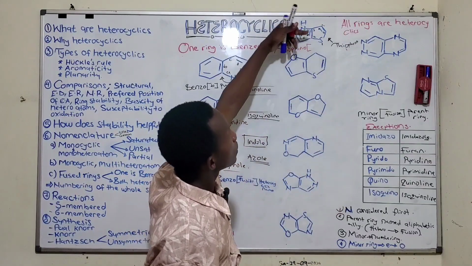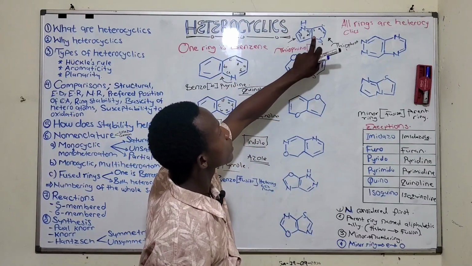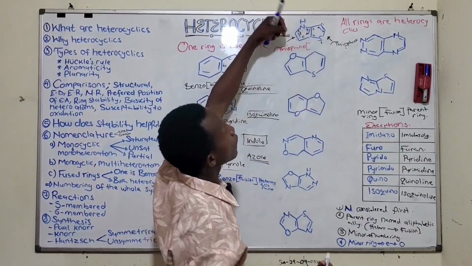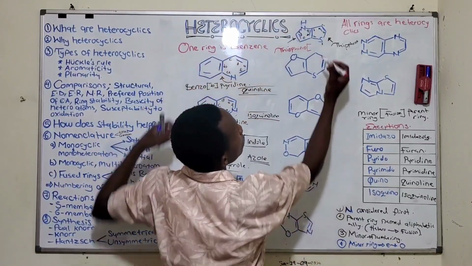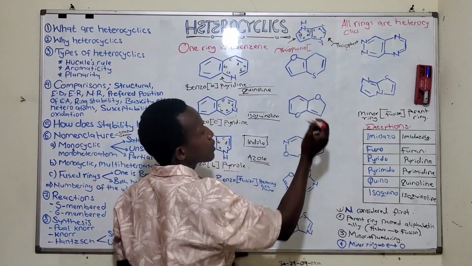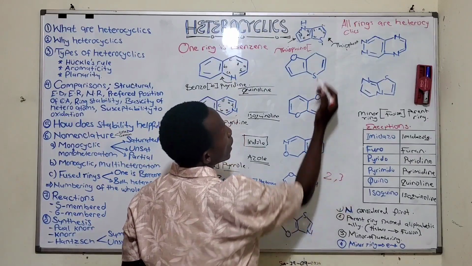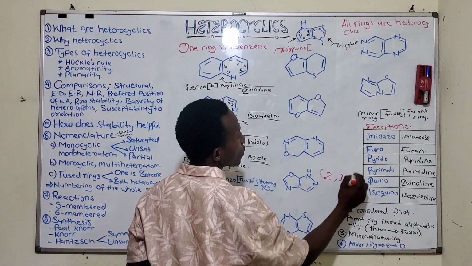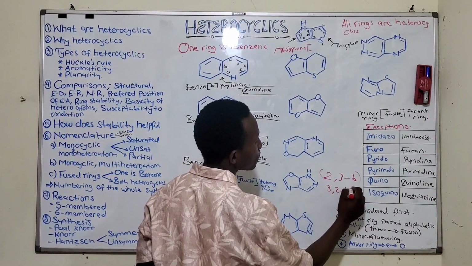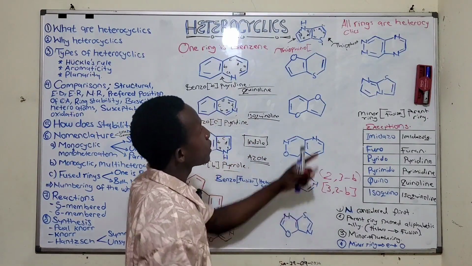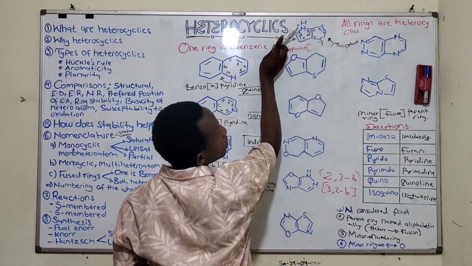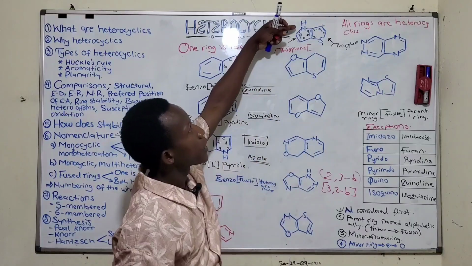Then positions, this is 1, 2, 3. And here we have fusion at position 2, 3 plus the face B. That's why we have the fusion. But we shall write 3, 2 because 3 is near the first atom of the parent structure.